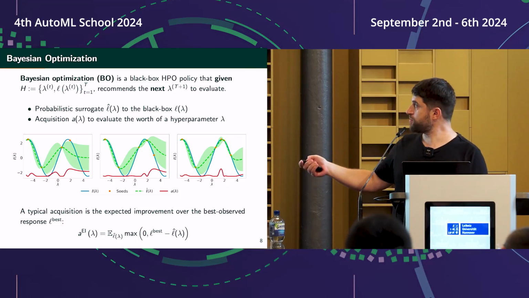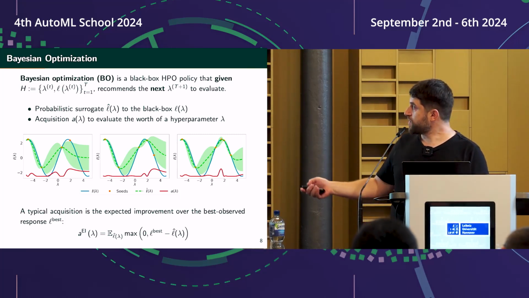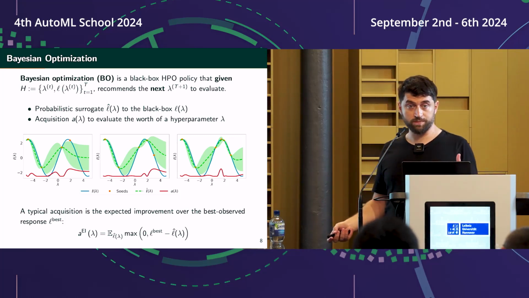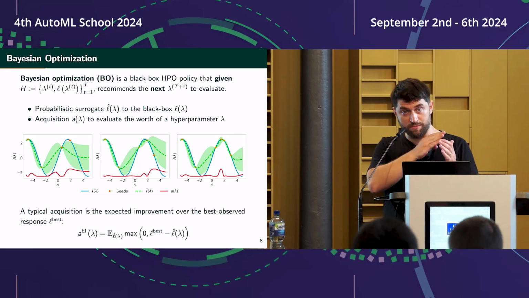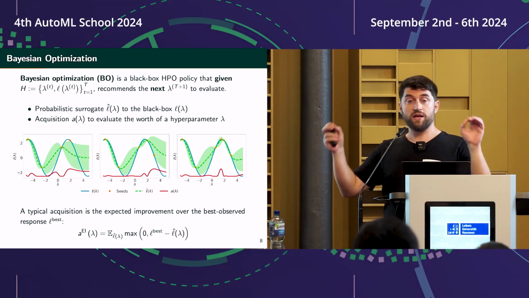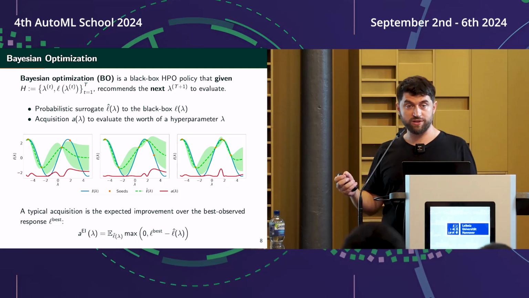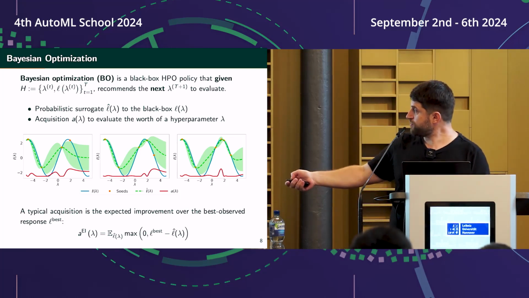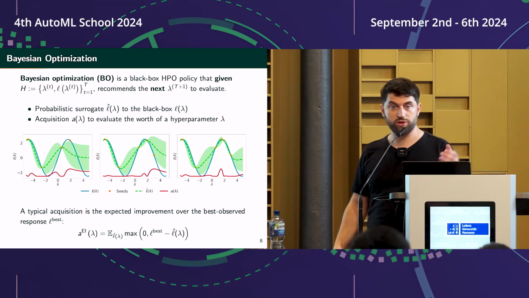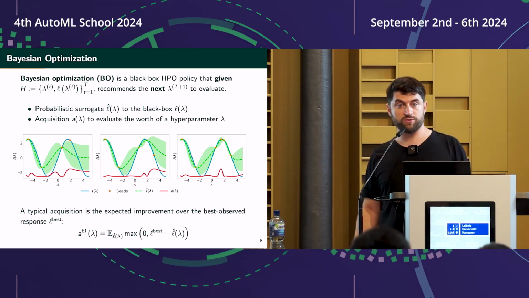First, a performance predictor. The performance predictor is a probabilistic regression model that tries to mimic or approximate the black box function that we don't know in order to fit to the points that we have observed so far. So if you have this black box function here, then we have observed those 3 points, and you see that this green line is our performance predictor that passes through the points that we have observed.